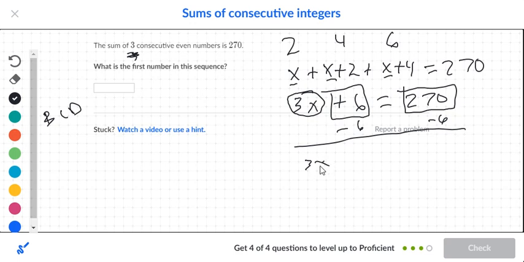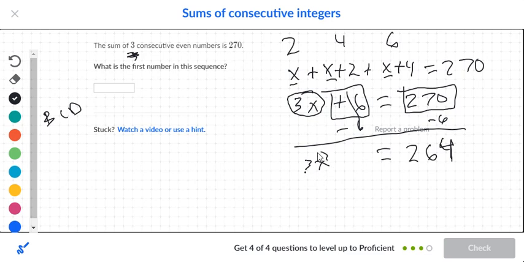So I get 3x, cross this out. That's going to be 264. Now I'm going to divide by 3.